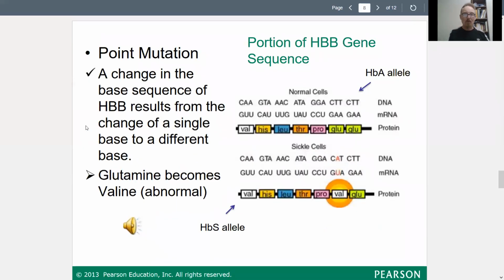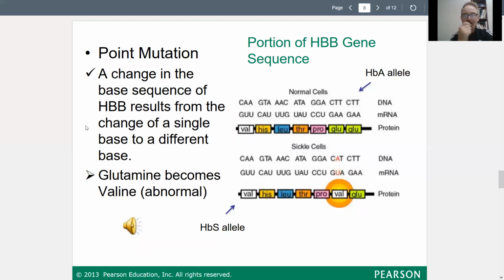So let's say that we're on chromosome 11 and we're coding, this is a protein coding sequence on a gene for the beta molecule, the beta, right? There's 2 alphas on this side, and there's 2 betas. All 4 of them carry oxygen. So this is on chromosome 11, and what might happen is, you see the sequence of normal cells at the top, and look for a protein called glutamine at the very end where it says CTT.